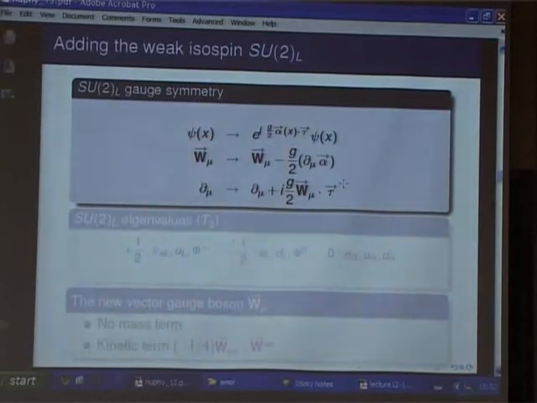And just like our gauge field B mu had to undergo the gauge transformation, so B mu will be B mu minus g by 2 times del alpha, all these three W's, so W1, W2, W3, have to change under the transformation like this. So W1 changes by g by 2 times W times alpha 1 and so on.